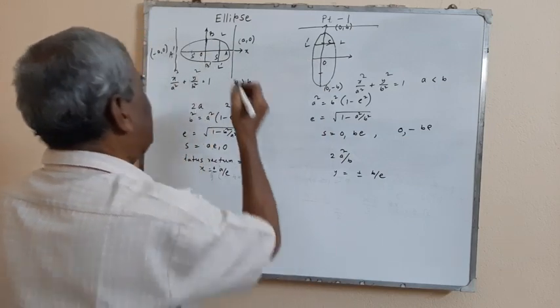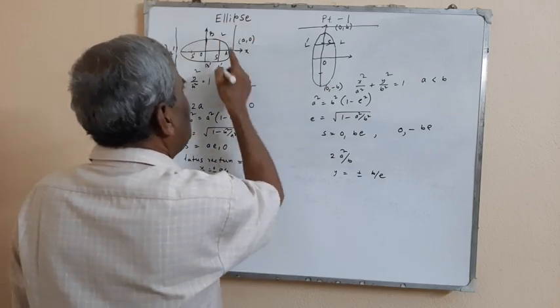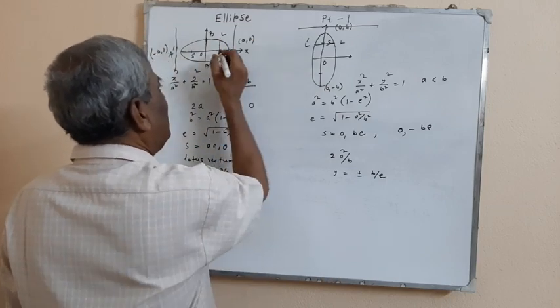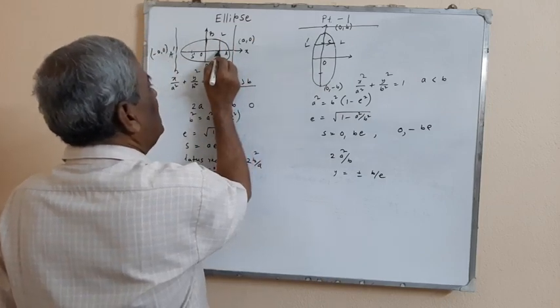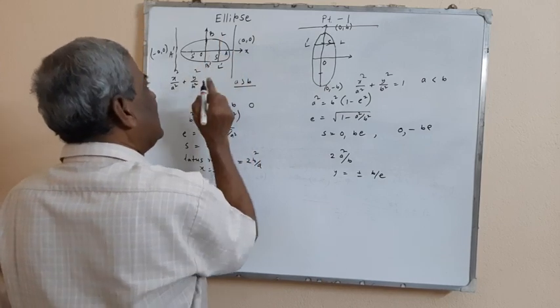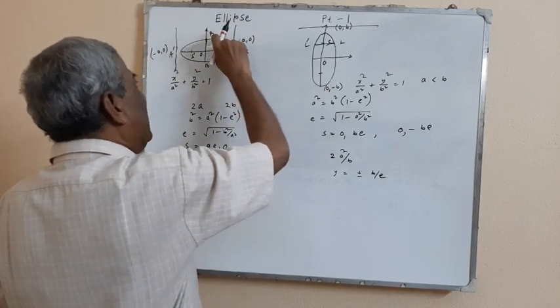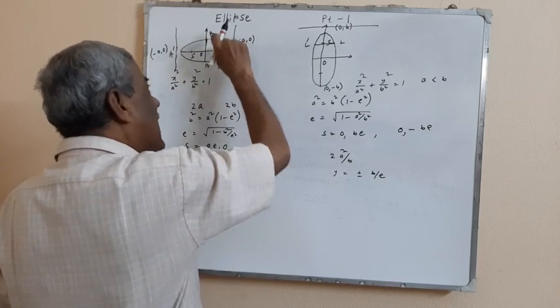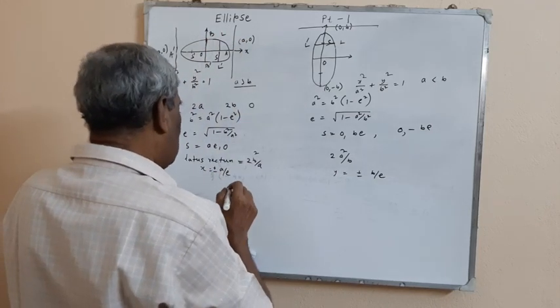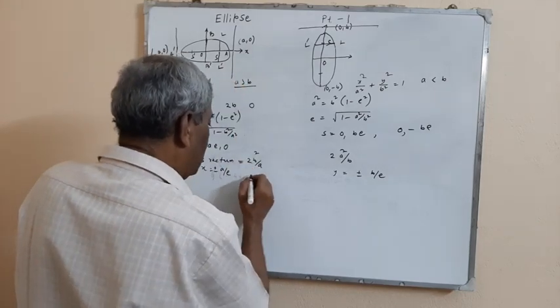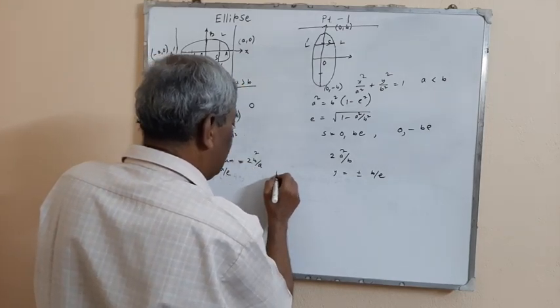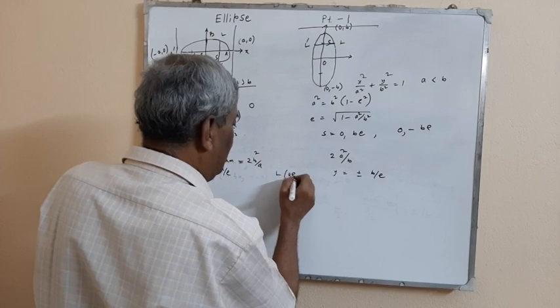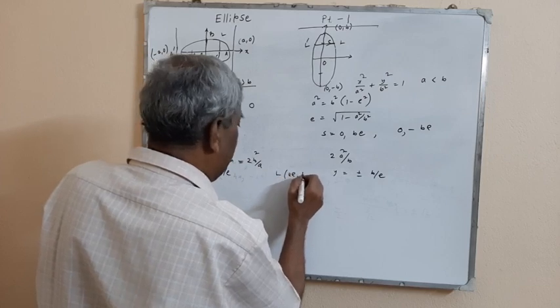Endpoints of the latus rectum L. It is an endpoint of the latus rectum. Its x coordinate must be the x coordinate of S, that is ae, and its y coordinate is half of the latus rectum, so the coordinate of L is ae, b square by a.